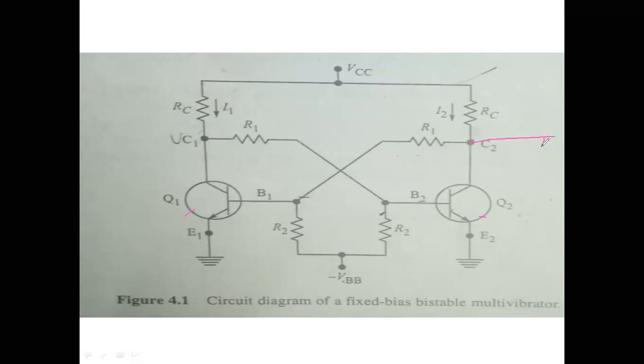From here we are going to take the output. This is the output of the Q2 transistor, and it is connected to the input of the other transistor. Similarly, this is the output of the first transistor, and it is connected to the input of the second transistor. This type of configuration we have.